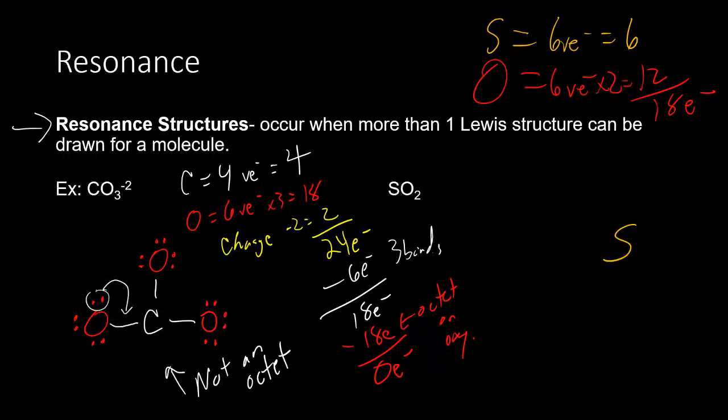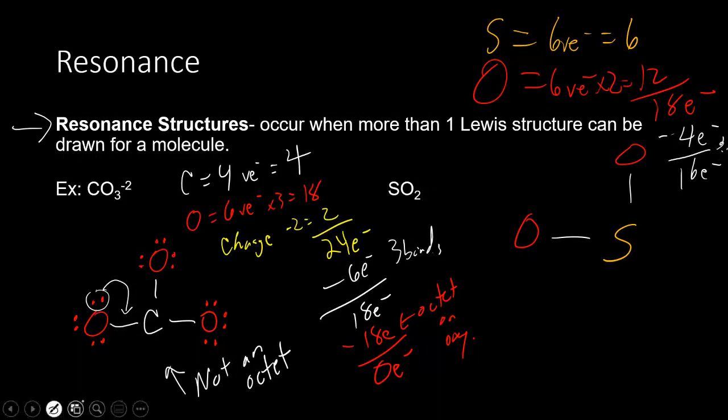We bond it to each oxygen. Those 2 bonds took up 4 electrons, so minus 4 for the bonds leaves us with 16 electrons. Those are going to go around the oxygens to complete their octet.